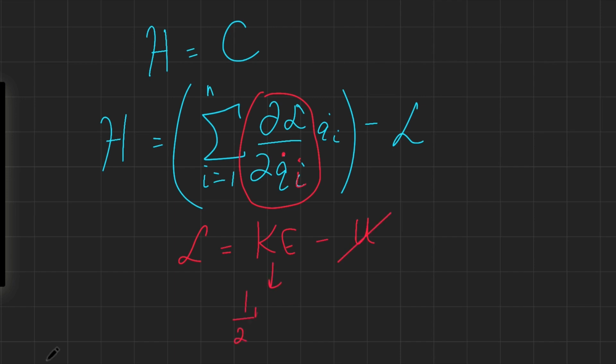We can split up the kinetic energy for each coordinate axis, and all of the terms other than half m q̇_i squared cancel out, and when you differentiate with respect to q̇_i, you'd get m q̇_i, which is actually the momentum.